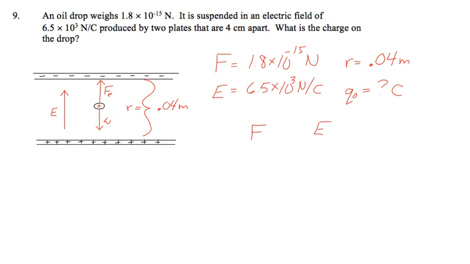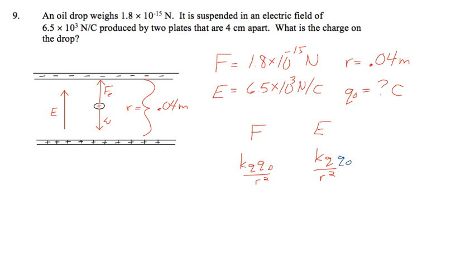So I know that F is K Q Q0 over R squared, and E is K Q over R squared. So the R part of this problem isn't even going to be part of the answer. In order to make the bottom two equal, I need to multiply the top by Q0 on the right side.